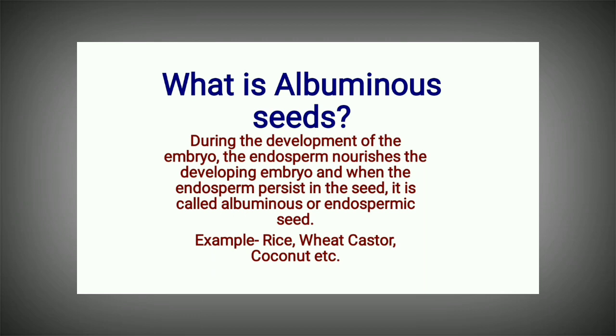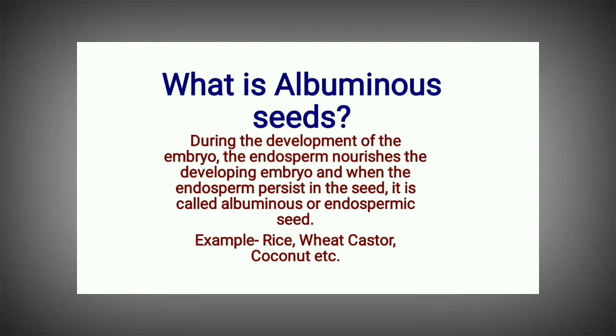What is an albuminous seed? During the development of the embryo, the endosperm nourishes the developing embryo, and when the endosperm persists in the seed, it is called an albuminous or endospermic seed. We know that during the development of the embryo, the endosperm is the food-laden tissue for the developing embryo.